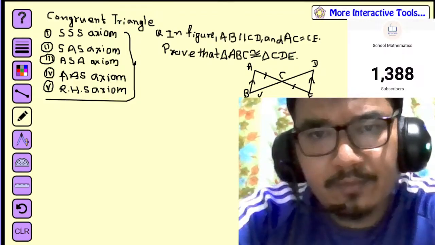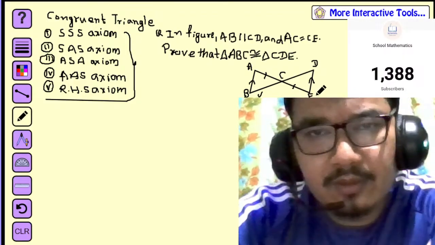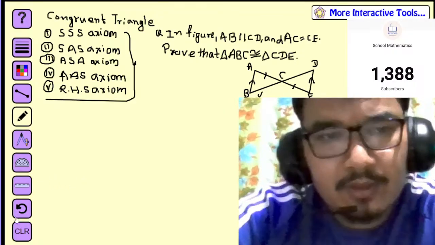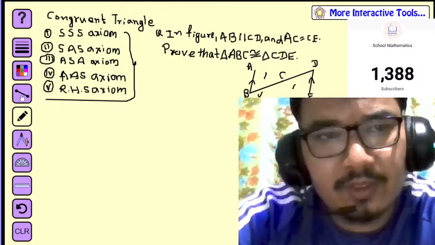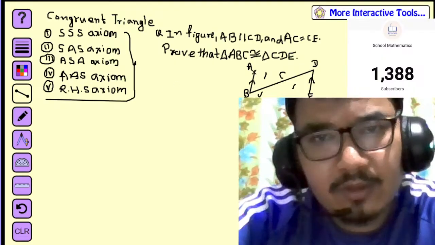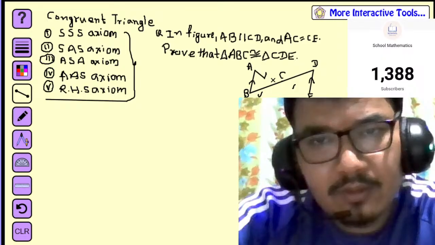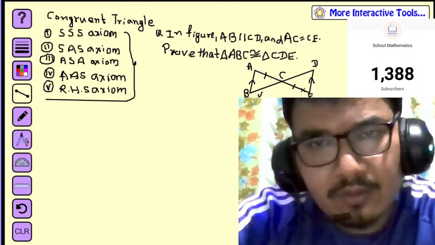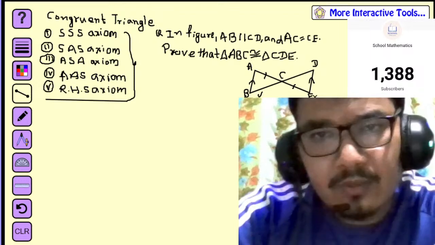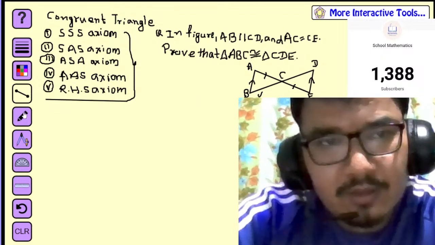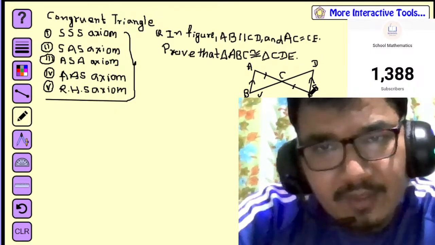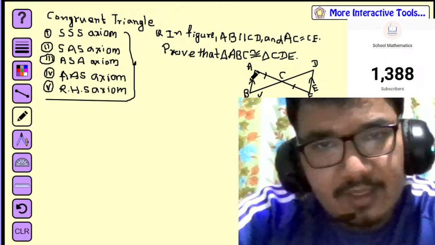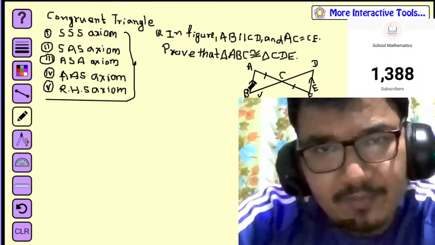And look children, this part is a little bit down. That's why I want to join this one first. This is side DE, that's why I'm writing DE here, and this side is AB.